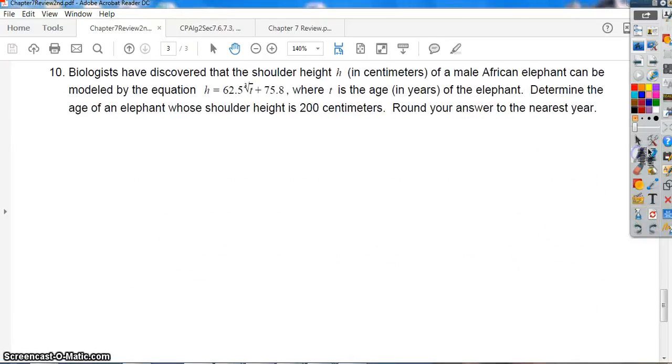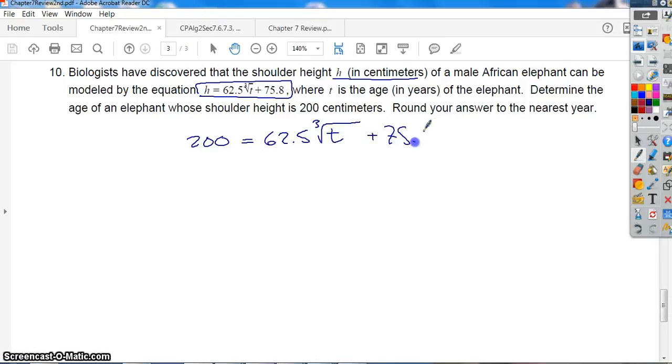And finally, the elephant problem. So the elephant is modeled by this, where T is time in years, H is height in centimeters. So we want to know when an elephant should have a shoulder height of 200 centimeters. So shoulder height, 200 centimeters, equals 62.5 cube root of T plus 75.